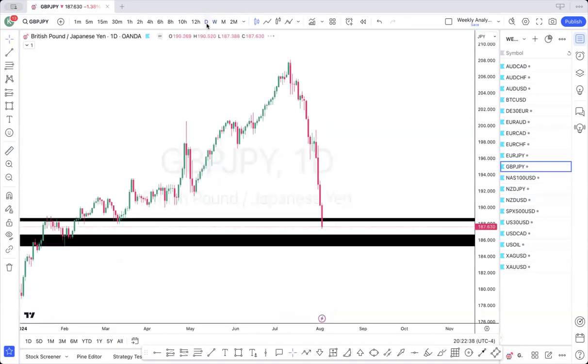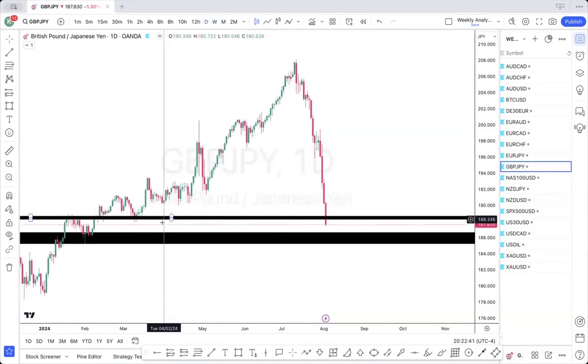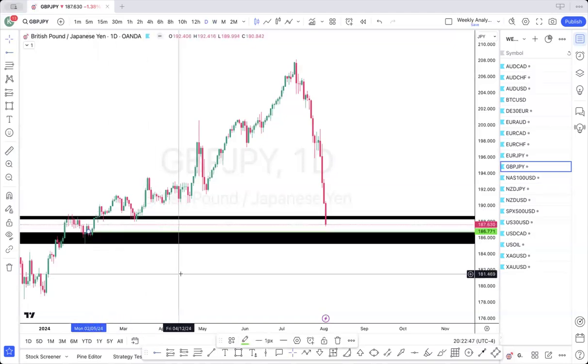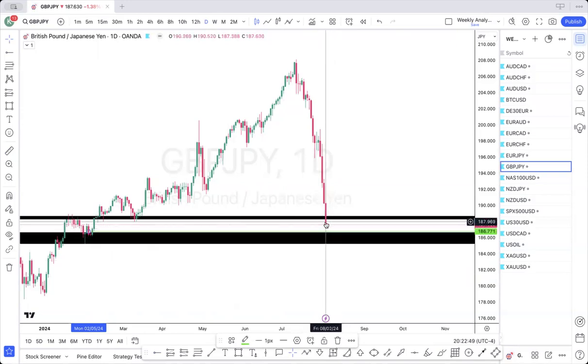Let's go down to the daily. There is an order block here. So yeah, price is currently in this imbalance here.